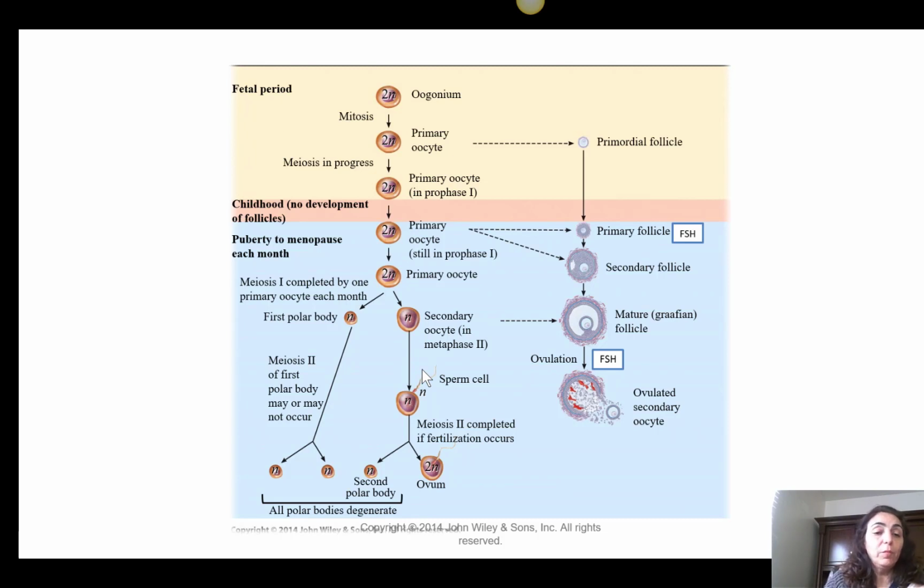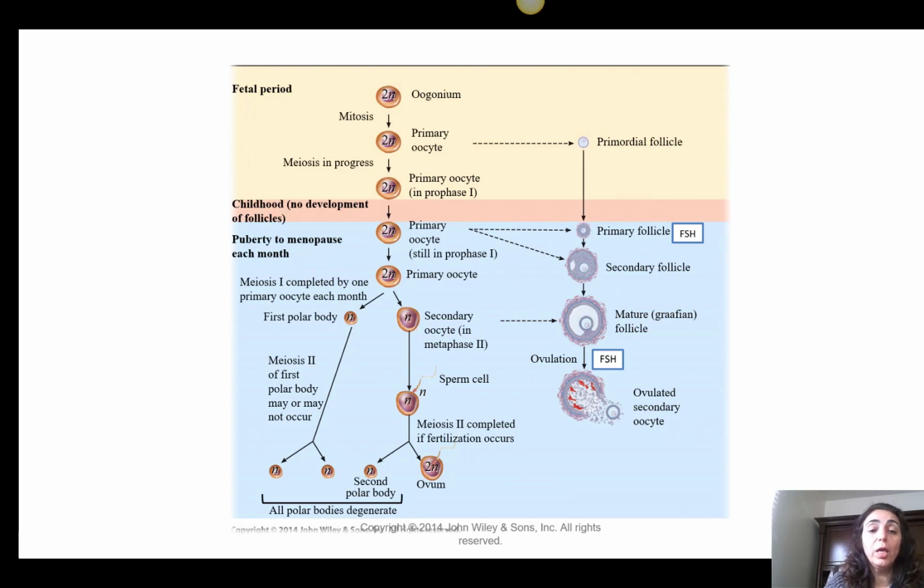Meiosis 2 goes from metaphase 2 to anaphase 2, telophase 2, and becomes a mature oocyte when the sperm can penetrate into that secondary oocyte, right? So pay attention. This secondary oocyte in metaphase 2 is the one that is released from the ovary.